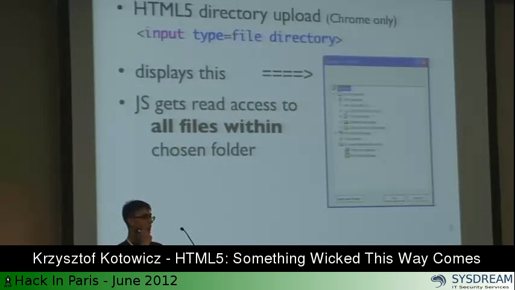And as soon as you choose a folder, the JavaScript on a page gets read access to all the files within the directory and all those subdirectories. So you're basically allowing the JavaScript on a page to upload the whole directory to a web server, or read the file list, or scan the files and extract some snippets from it. You get access to file names, file sizes. You can read each and every individual file from a directory.